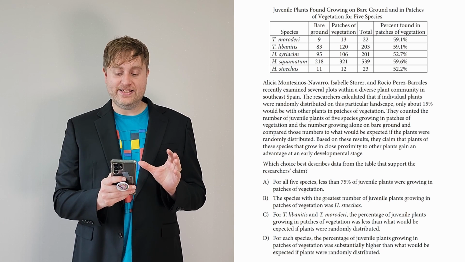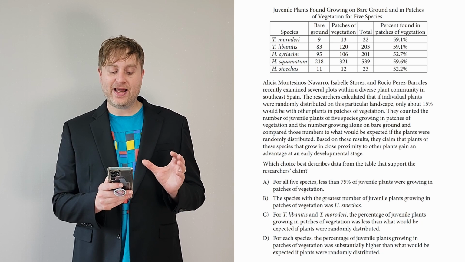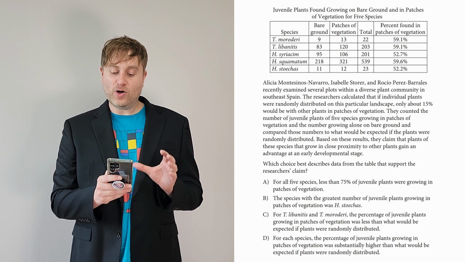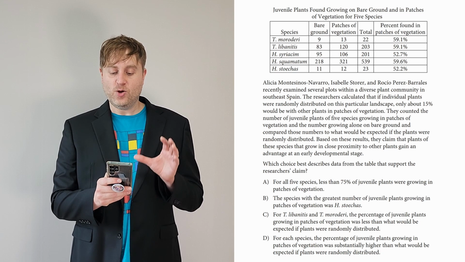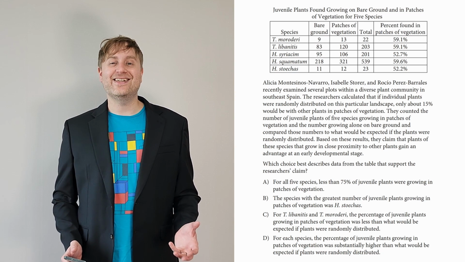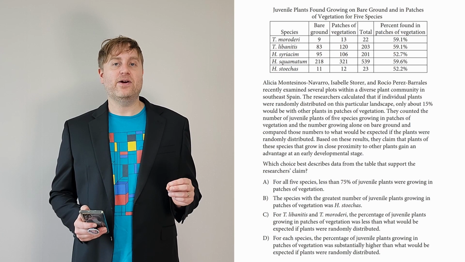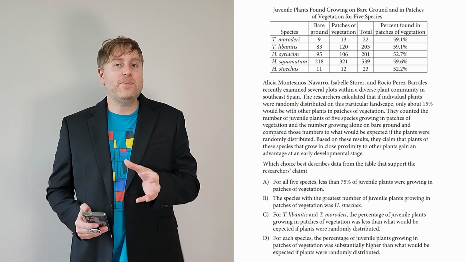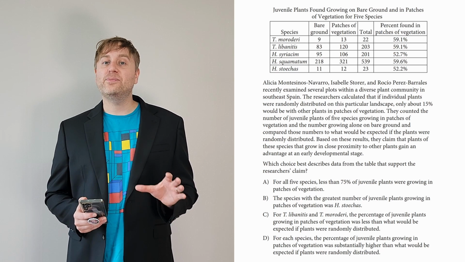For TL and TM, the percentage of juvenile plants growing in patches of vegetation was less than what would be expected if the plants were randomly distributed. Now this answer is also making a comparison, and this time it's the right comparison. It's comparing plants that grow near other plants to typical plants, those that are randomly distributed.